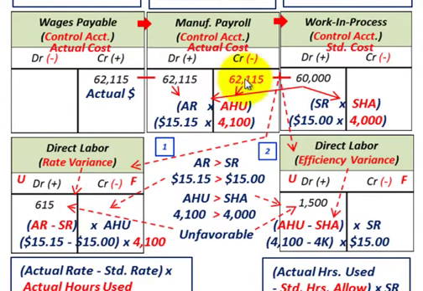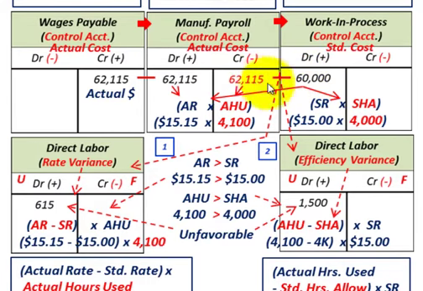One last point. Let's go over it here, just looking at our debits and credits between our actual cost in our manufacturing payroll and our work in process for our standard cost. Say, for example, you were just given these numbers and you weren't given any actual hours used or standard labor rates and so forth, but you knew the $62,115, that was your actual cost, as a credit in your manufacturing payroll, and then the debit in your work in process was $60,000.